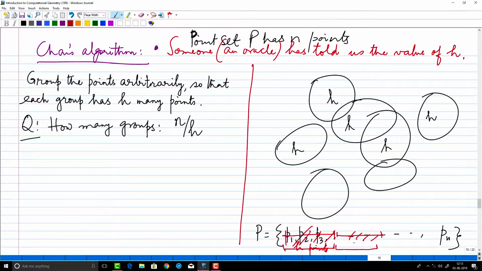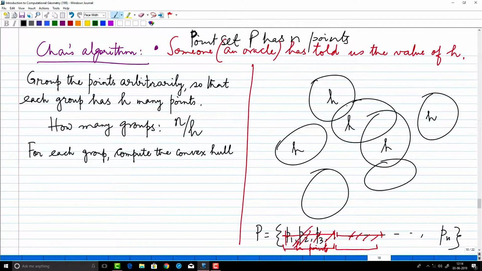Now, what I do is, for each group compute the convex hull. So, think of these as your convex hulls.